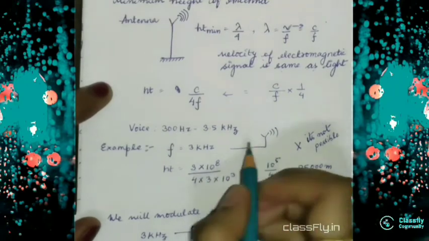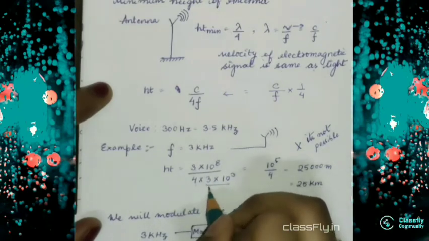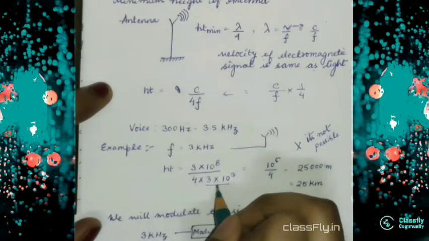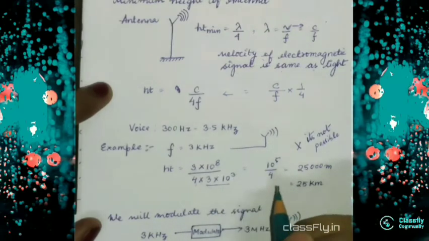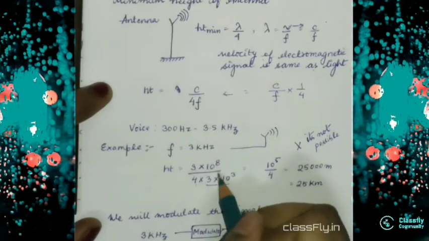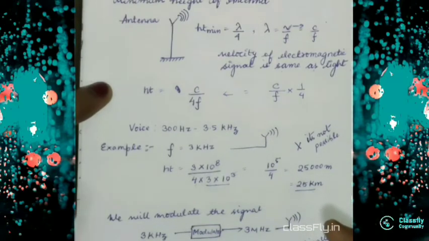This is the speed of light, and this is 3 kilohertz, which I have converted into hertz, so 3 into 10 to the power 3. When I cancel and solve this, I get 25,000 meters, and in kilometers it's 25 kilometers. Okay, so a 25 kilometer antenna is never possible, right?